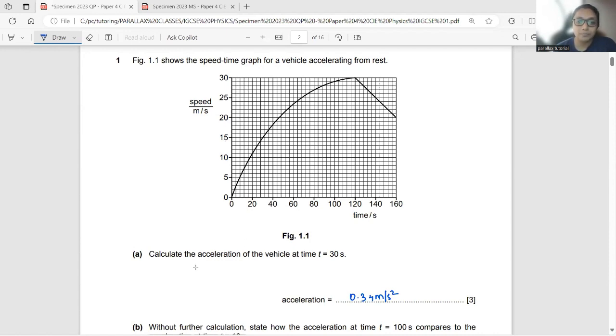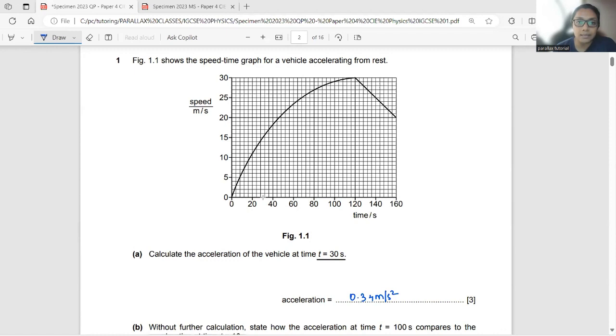Okay. So let's talk about the acceleration. We all know that if we are given a speed time graph, then the gradient of the graph gives us the acceleration, right? Now the time over here required is 30 seconds.